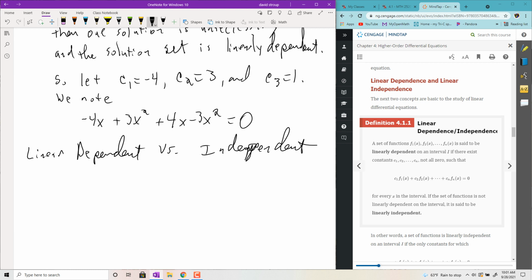So another example, you could just work with equations of lines. Maybe one solution is 3x plus 2.